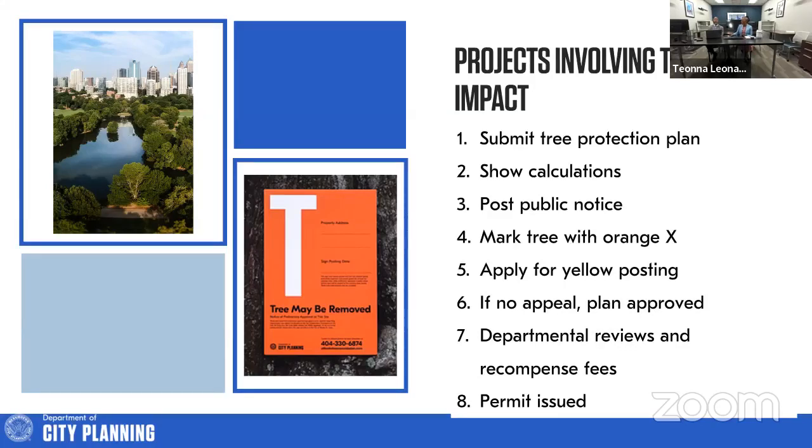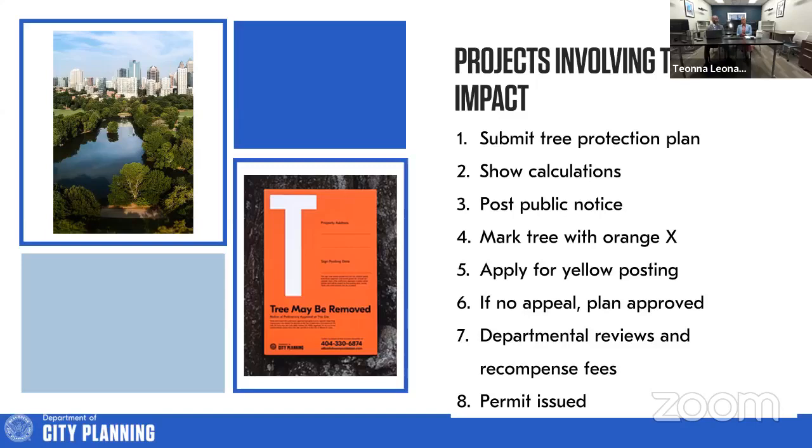Orange, no, it just recently changed. There's a posting period for all trees. I believe there's 10 business days for the orange sign posting, and I think it's 5 business days for the yellow sign posting.